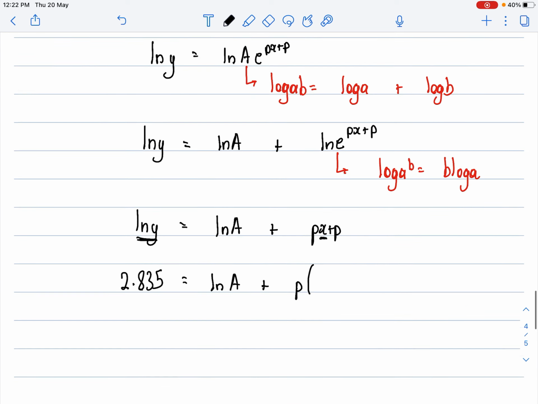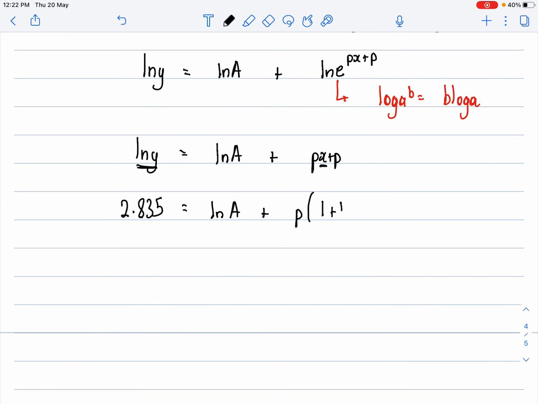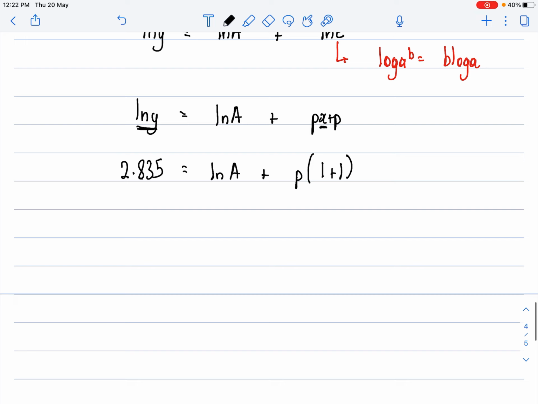So I can write this as 1 plus 1 because I've taken p common. So I can finally write this as ln A plus 2p equals 2.835.